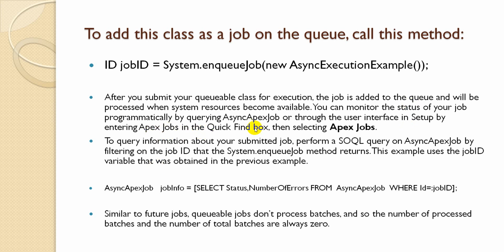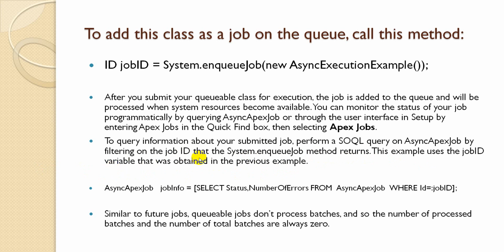In Setup, in the Quick Find box, select Apex Jobs. To query information about your submitted jobs, perform a SOQL query on AsyncApexJob by filtering on the job ID that the System.enqueueJob method returns. This example uses the jobID variable that was obtained in the previous example.